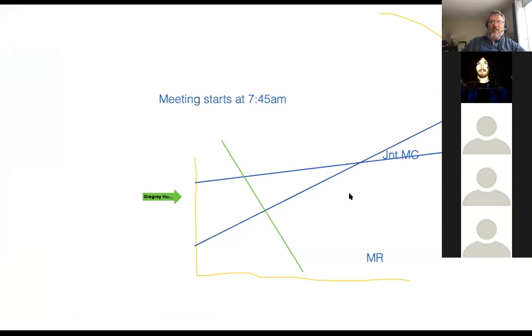Okay, so this is the situation that we're dealing with, and now we're trying to figure out what the two firms are producing, each of them.